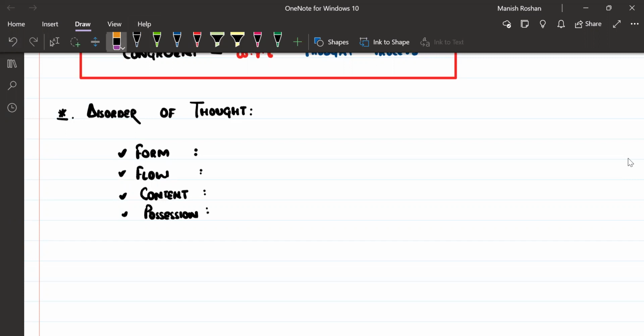Under the disorder of thought flow, one can describe inhibition or slowing of speed, that is thought block.